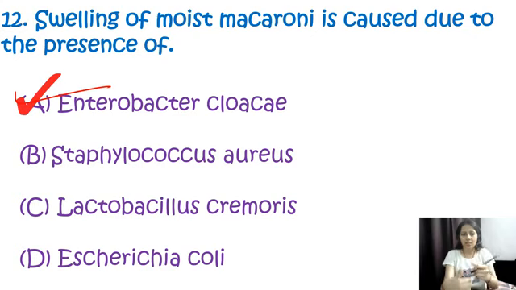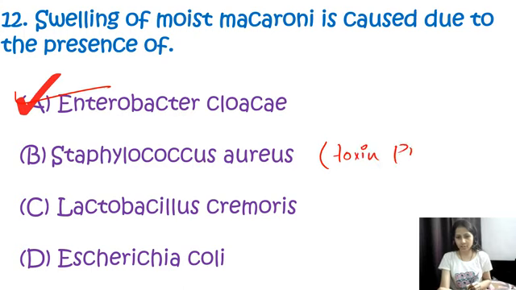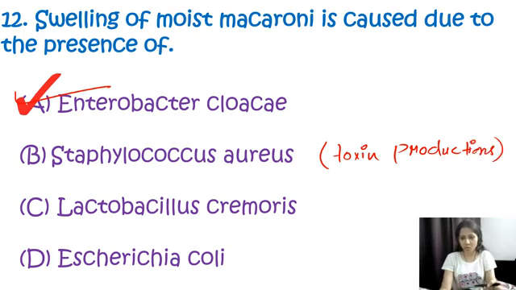Whereas Staphylococcus aureus, we know, can cause food poisoning through toxin production, and it is not typically associated with swelling cases. Next, Lactobacillus cremosis is commonly used in dairy fermentation.